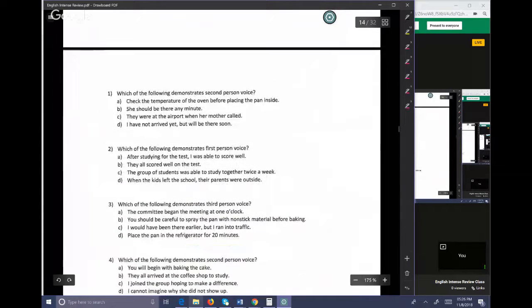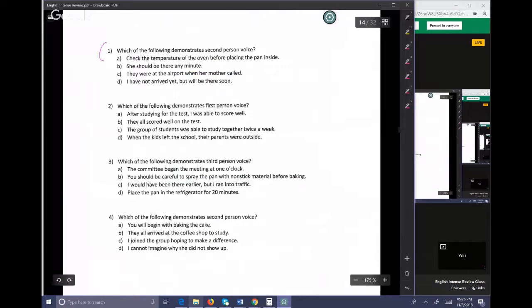The example that I want to show you is just the very first one here. Which of the following demonstrates second person voice? And this is going to be A, because it's talking to you.